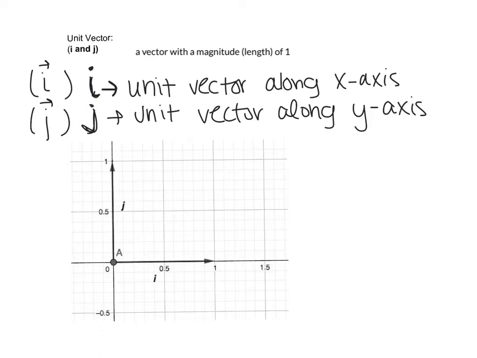When I write i, there is a dotted point called the initial point, and then the arrow is called our terminal point. It tells us what direction we're going. So i, when I write it, we would write it as 1, 0, and we don't use parentheses, we use these brackets. And then j would be 0, 1. So they're kind of like coordinates, but we don't use parentheses to write them.